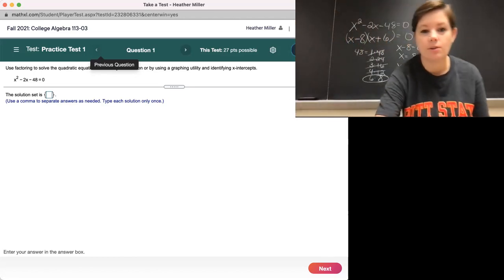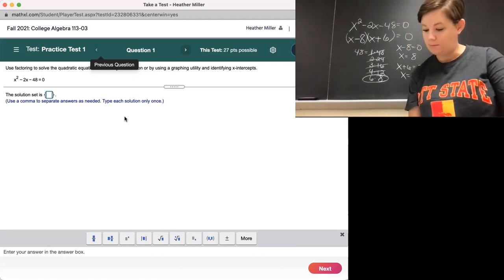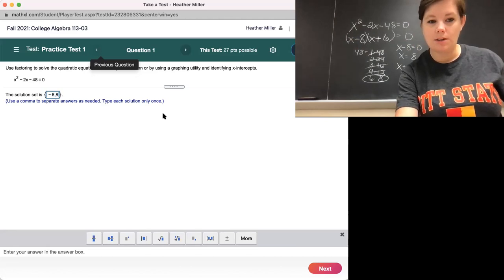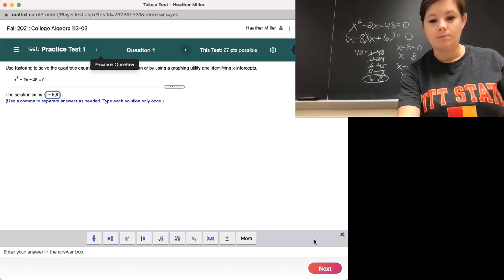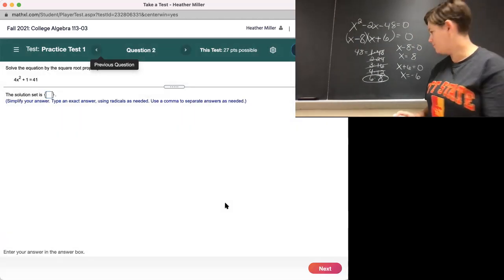So then on your test, it says solution set, and then you just type in the numbers, negative 6, comma 8. It says you separate them by commas if you need to. Go on to the next problem.